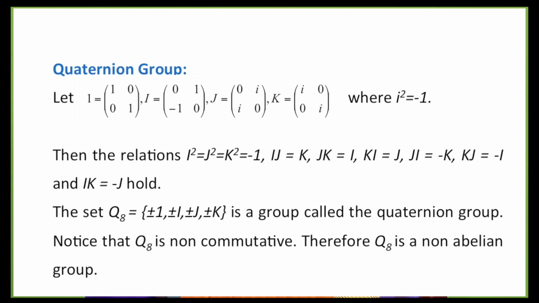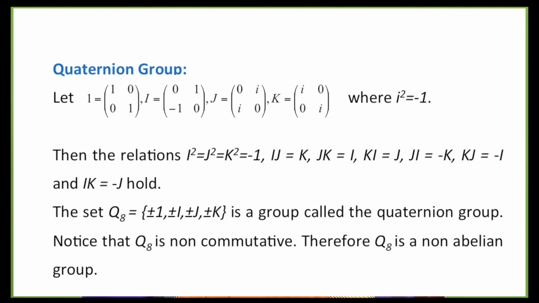Then the relations I squared equals J squared, which again equals K squared, which equals -1. IJ equals K, JK equals I, KI equals J, JI equals -K, KJ equals -I, and IK equals -J hold.